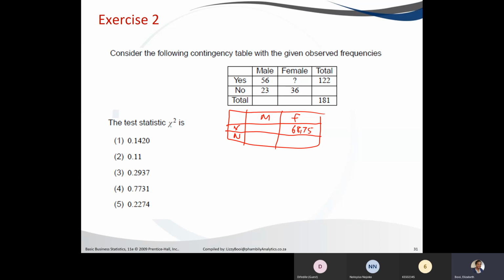Once you have completed this whole table, you need to calculate your chi-squared statistic, which is the sum of observed minus expected, squared, divided by expected. You're going to say 56 minus whatever the expected value there was, squared, divided by your expected value, and you do the same.